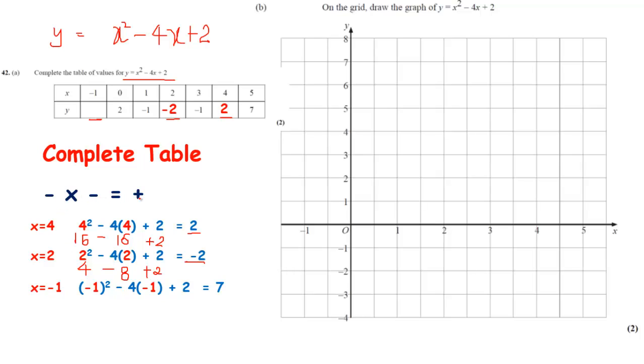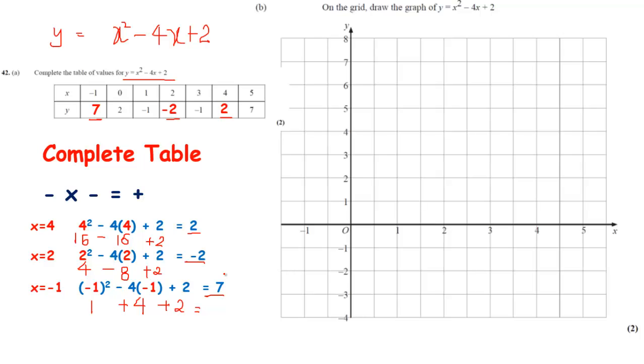As I said, a minus times a minus is a plus. Minus 1 squared is 1. Minus 4 times minus 1, a minus times a minus is a plus. 4 times 1 is 4. And then I'm going to add 2 to it, and that's how I got 1 add 4 is 5, plus 2 is 7. Okay, and that goes in the answer space. The table is the most challenging bit here. Do make sure you get it.